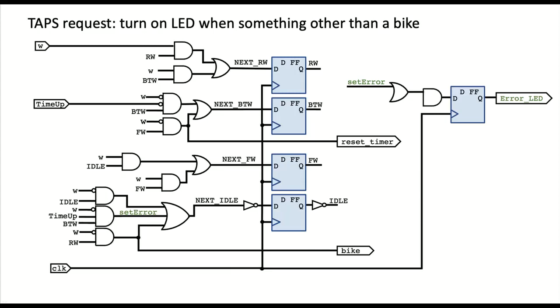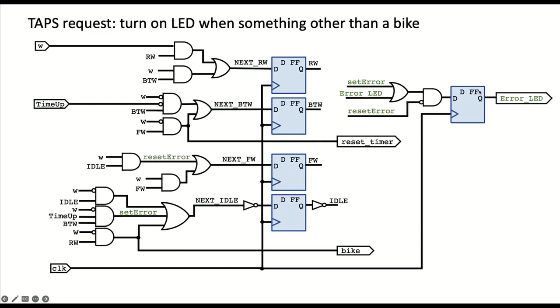And whenever set error is high, I want to make this flip-flop go high and turn on the error LED. And I'd like to keep it on, so I'm going to take the output of this flip-flop and feed it back in so that once this is high, it'll stay high. Oh, good question. So that's what that AND gate is for.